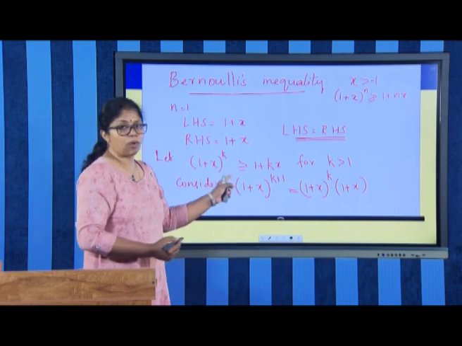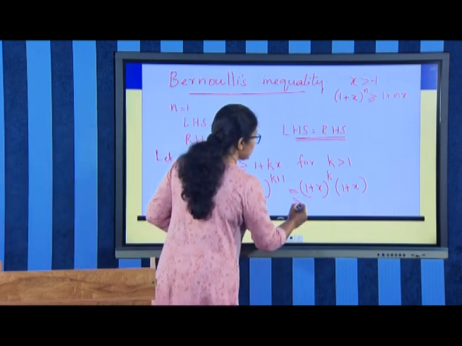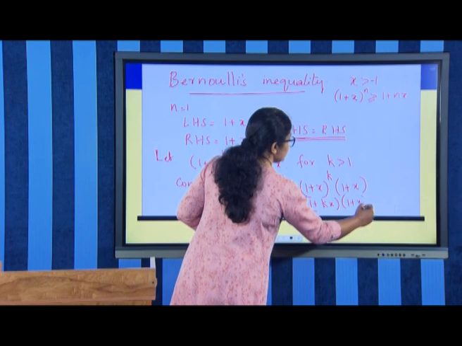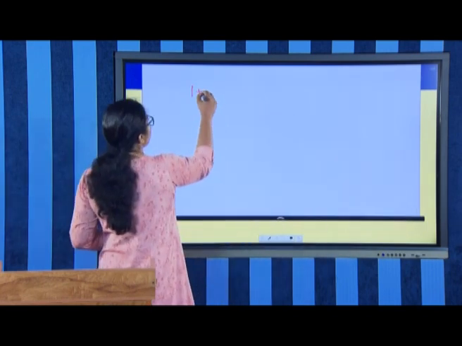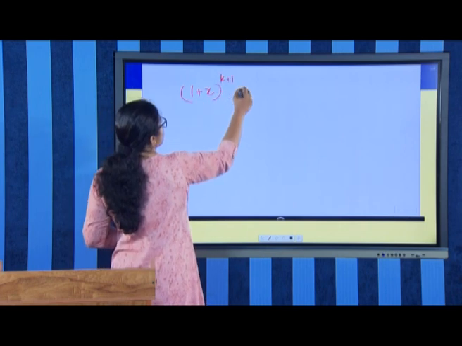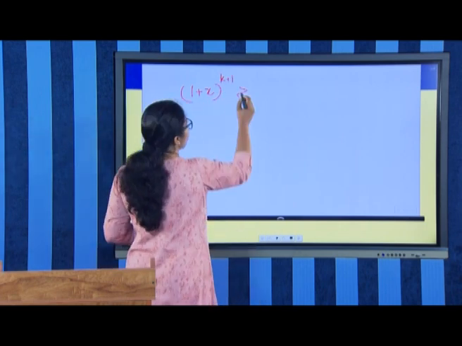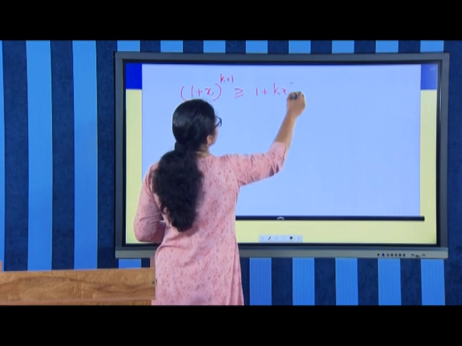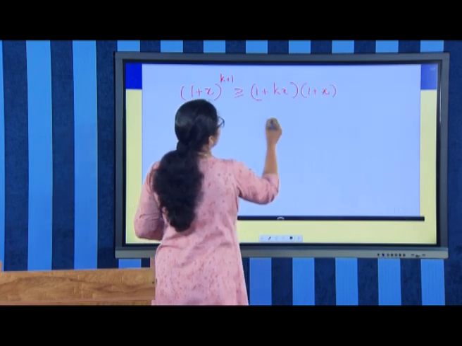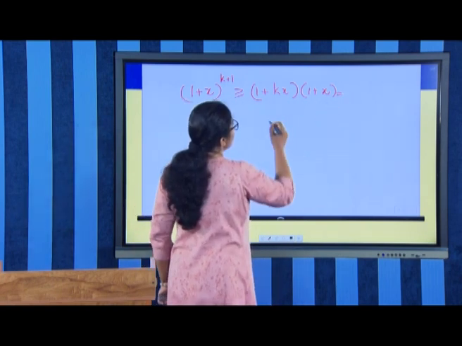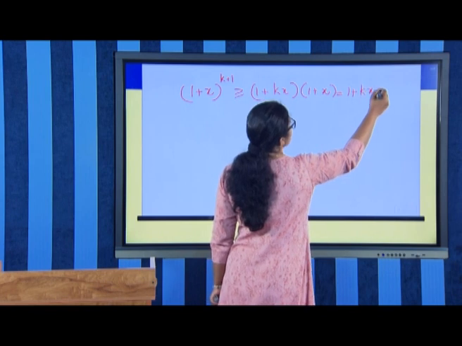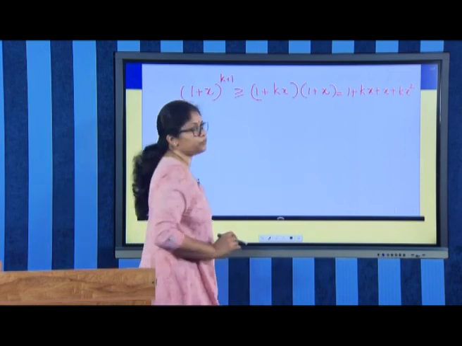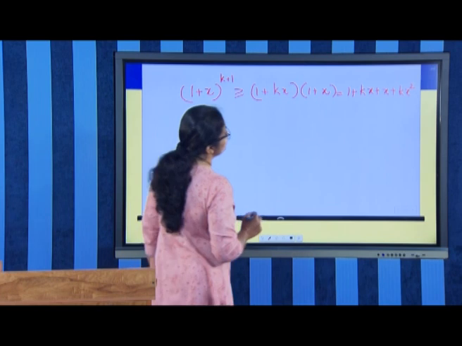So, we can apply this inequality that we already have. So, this is greater than or equal to (1 plus kx) into (1 plus x), which can be simplified as (1 plus x) power k plus 1 is greater than or equal to (1 plus kx) into (1 plus x), which is equal to, we can write 1 plus kx plus x plus kx square by multiplying these two using the distributive property that we have learned.